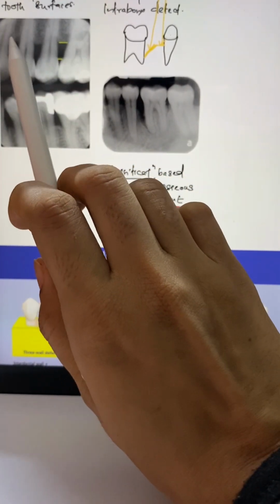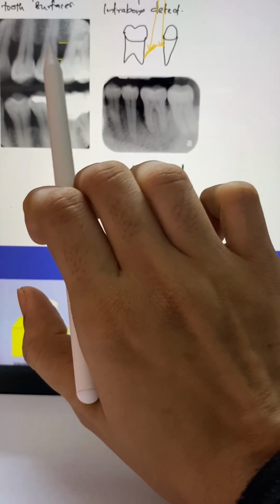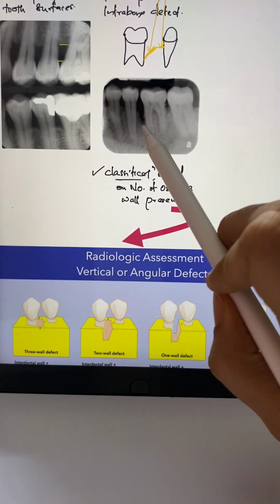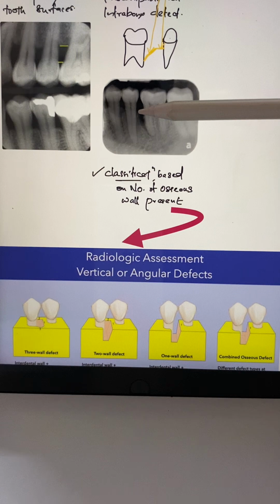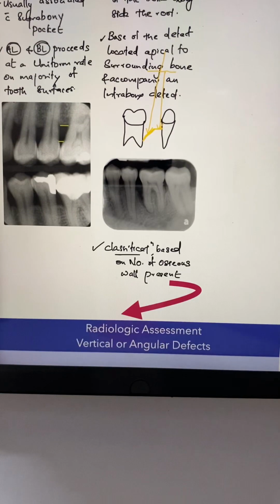So here the bone loss happens in a horizontal way, whereas if you see the picture, you'll understand that here the bone loss is happening in a vertical direction. Because of that you can see the hollow trough in the bone along the side of the bone. So this is a little oblique direction. That is why this kind of bone loss is known as vertical bone loss.